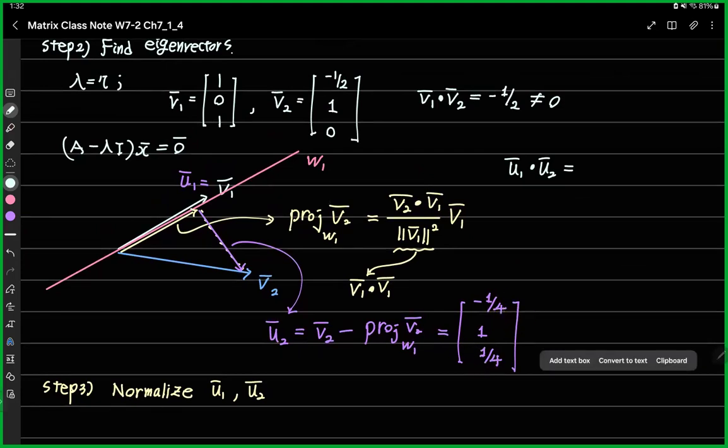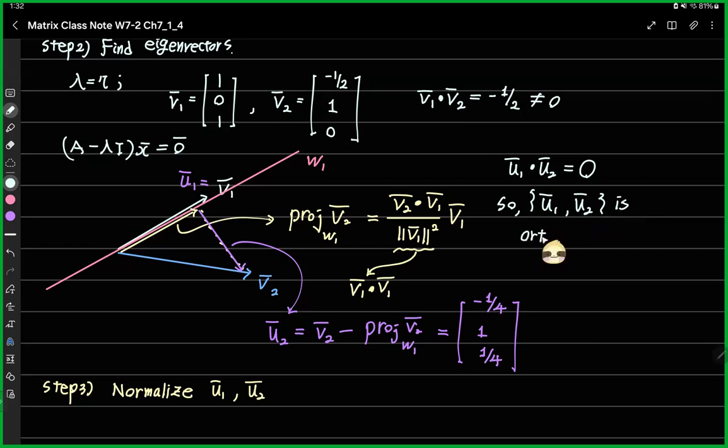So -1/4 times 1 plus 0 times 1 plus 1 times positive 1/4 is 0. So U1 and U2 form an orthogonal basis. An orthogonal basis of what? Of the eigenspace, right?